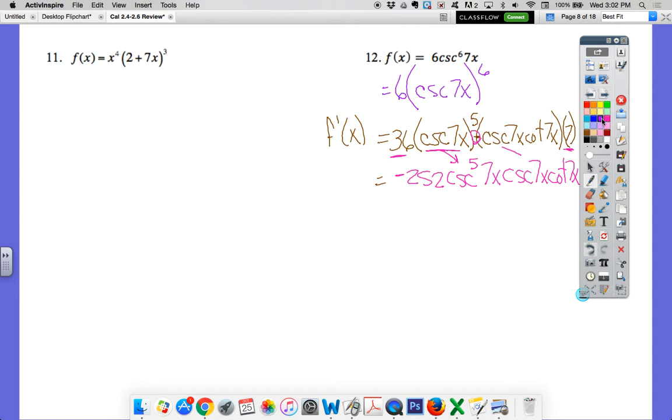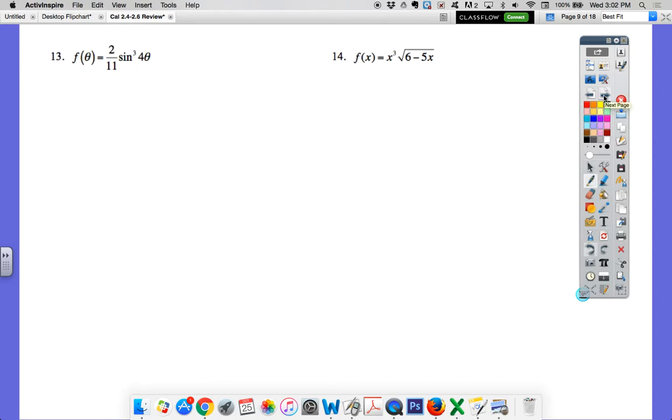But hopefully what's clicking with you is that these are both cosecants and they're both 7x, which means we can multiply them together. That's okay. It's both cosecants and they're both same angle. That just means that we have to add the powers together. So that's going to be cosecant to the 6th 7x. We're going to have cotangent 7x at the end. So that one's final.